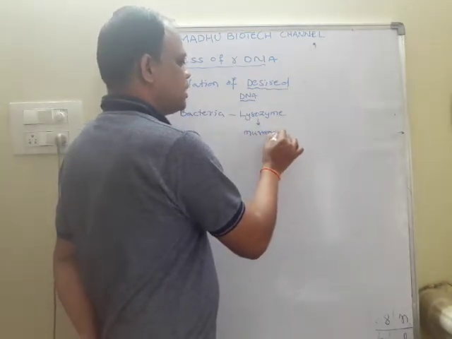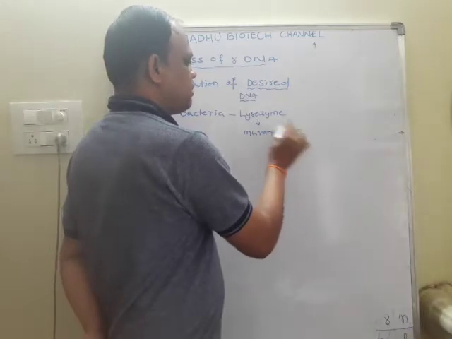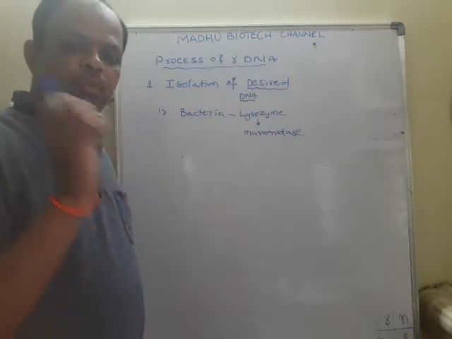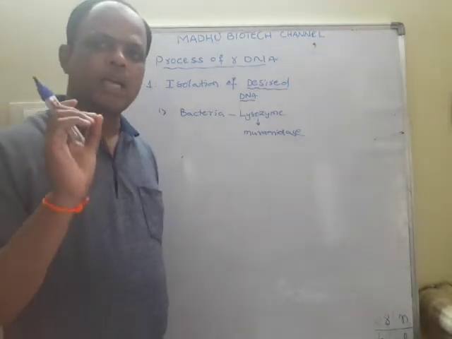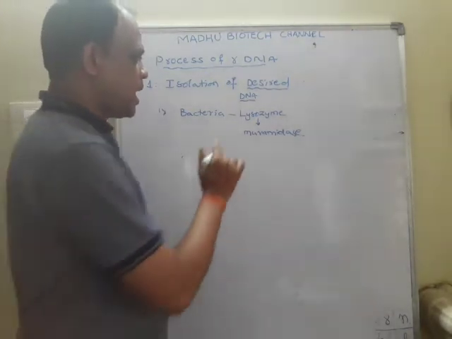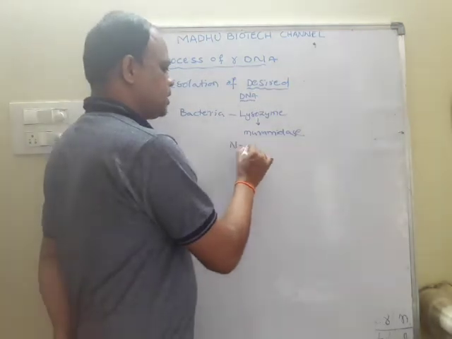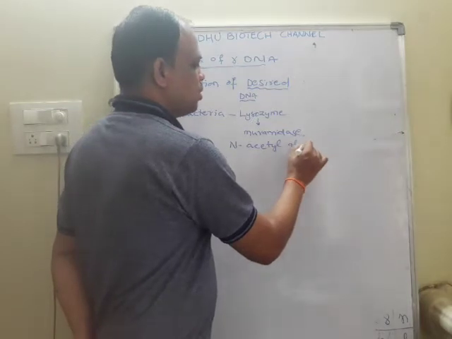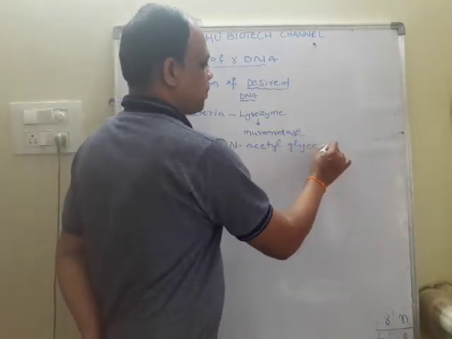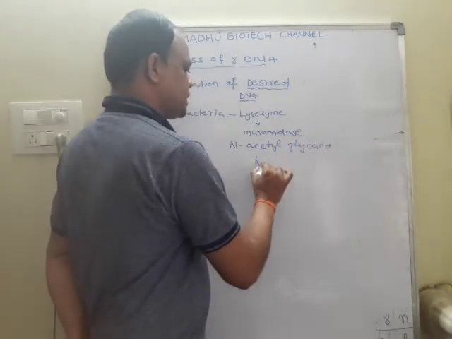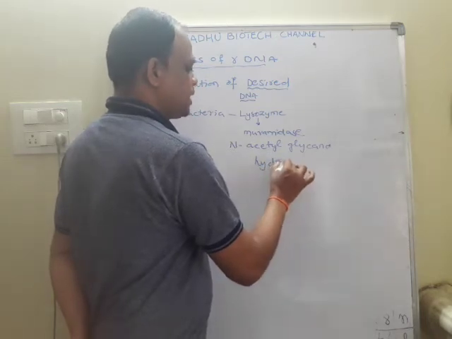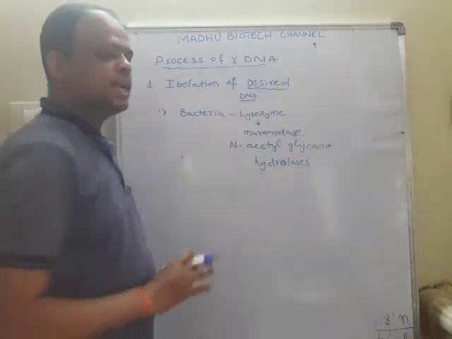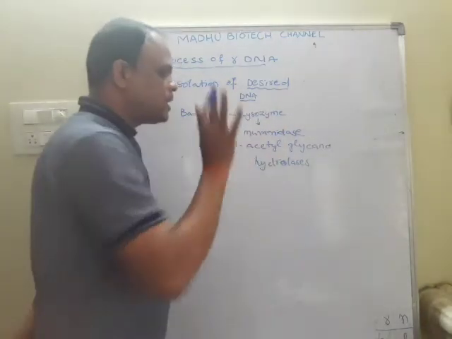Another name of the lysozyme enzyme is muramidase or N-acetyl glycanohydrolase. This is another name of the lysozyme enzyme.